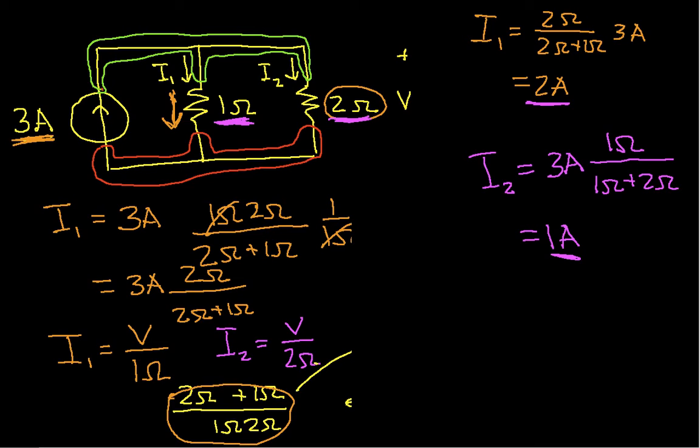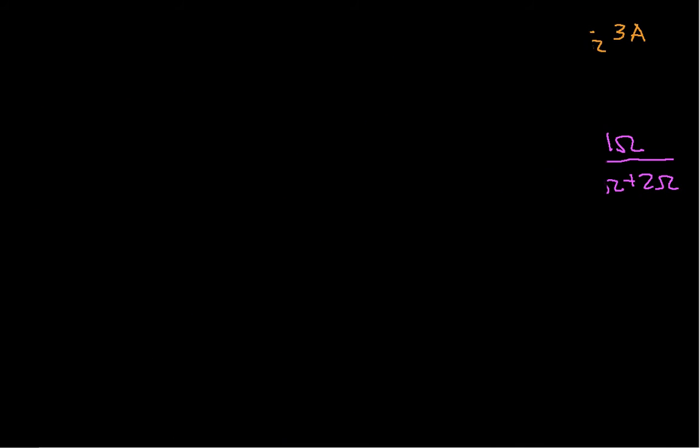The amount of current that flows through each resistor is not the same. It would be the same if the two resistors had the same resistance, but since they don't, it's not the same. So that basically gives us the current divider. And what I'll do now is rewrite it in a nice tidy form to make sure that it makes sense.